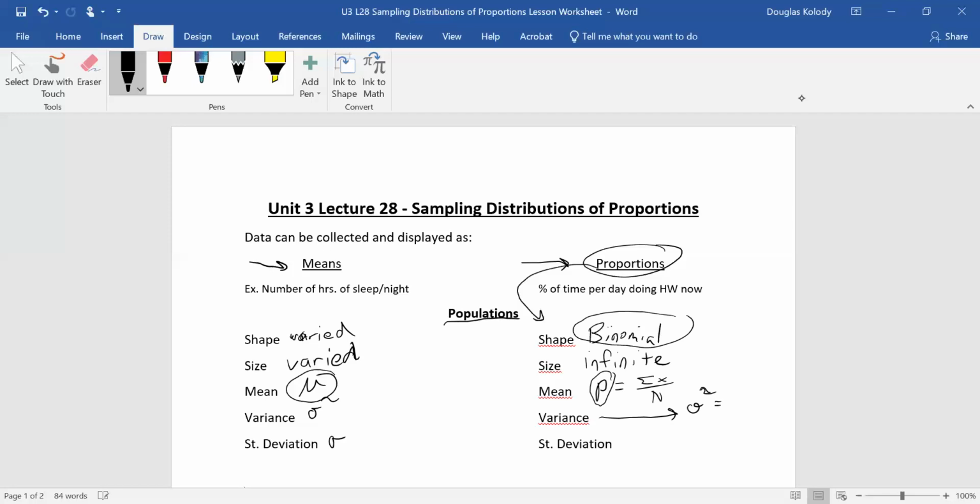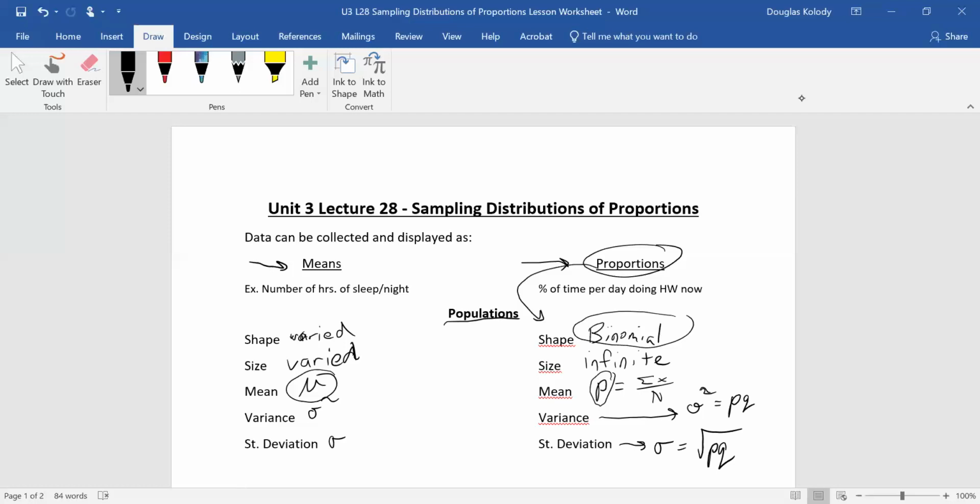The variance, instead of n times p times q, which is what it was for means, is just p times q. Where did the n go? And standard deviation is still sigma, so it will be the square root of p times q. Once again, this might look a little more familiar. When we dealt with binomial populations just last unit, we said that the standard error, sigma, was the square root of n times p times q.